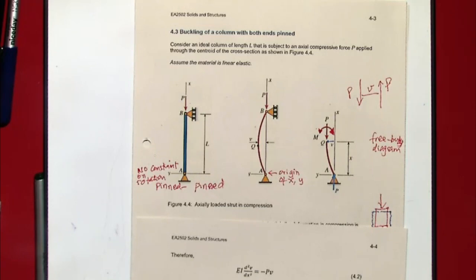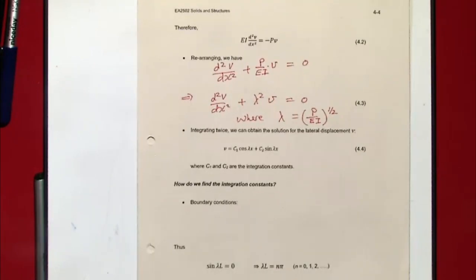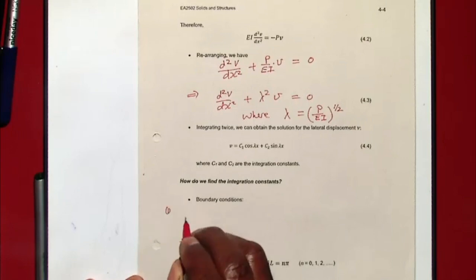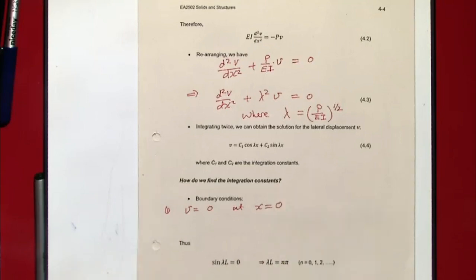Zero at A and B. So V will be 0 when x equals 0, and V has to be 0 when x equals L. If we use those two boundary conditions, number 1, V equals 0 at x equals 0.